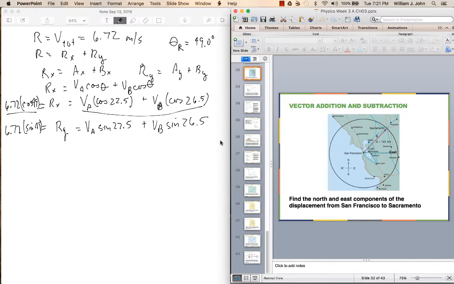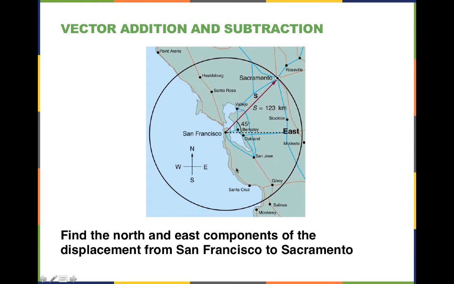I'll blow it up for you for a second so you can get a better look at it. But you see you have a distance of 123 kilometers at 45 degrees. And so the question is, what's the x component, or the east component, and the y component, or the north component for this? And I'll let you do that at home.